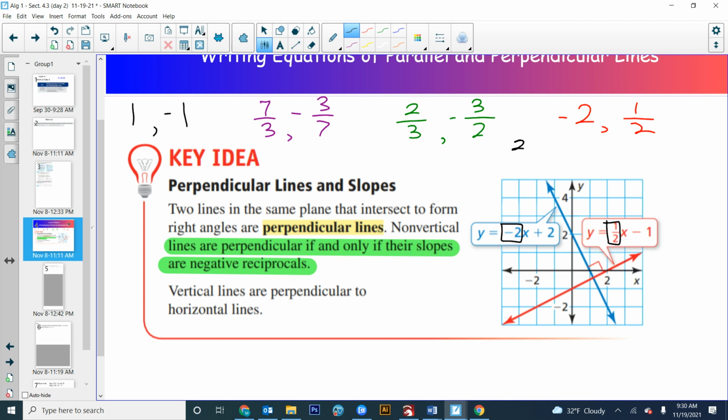Ready? Perpendicular? No, because they're not opposite, right? Yeah, I really don't like that they say negative reciprocals. Opposite. Say opposite. Okay? If one's positive, the other one has to be negative, and vice versa.